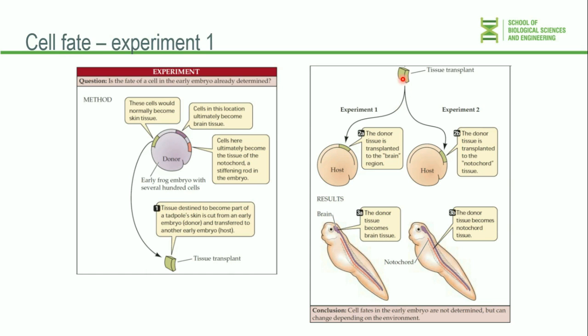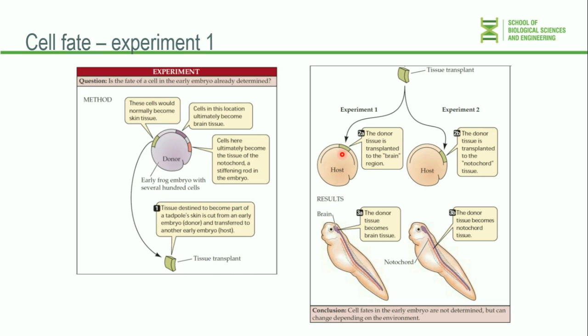Now, if these cells already have a fixed fate, if these cells have already differentiated and their fate is sealed, then we would expect, no matter where we transplant them to, they will become skin cells. But what do we actually see in this experiment?